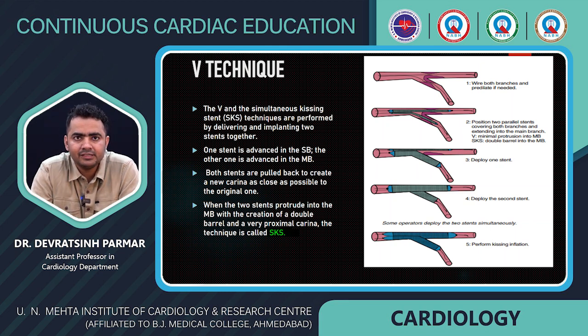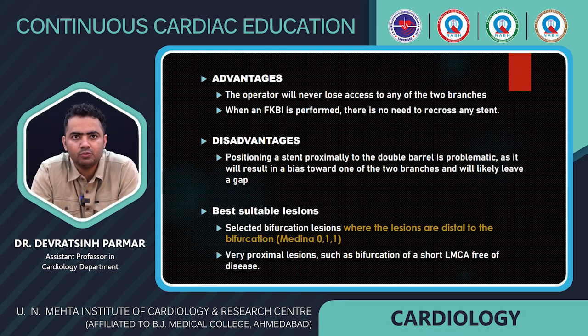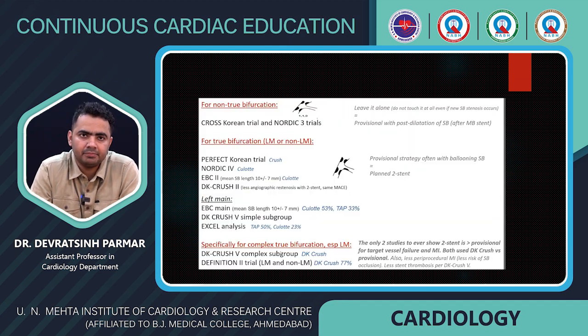Both stents are pulled back to create a new carina as close as possible to the original carina. The advantage is that the operator will never lose the access when the final kissing balloon inflation is performed, but the disadvantage is that positioning of the stent proximal to the double barrel is very problematic.